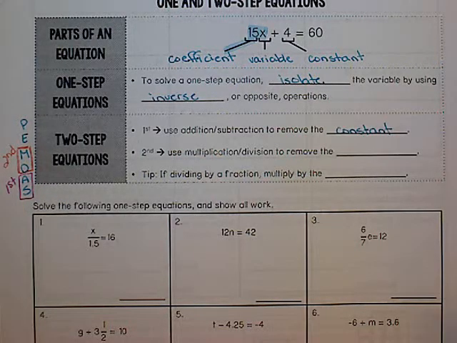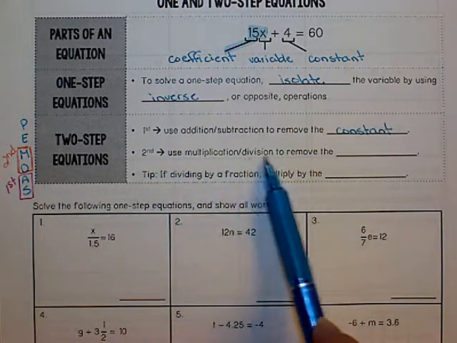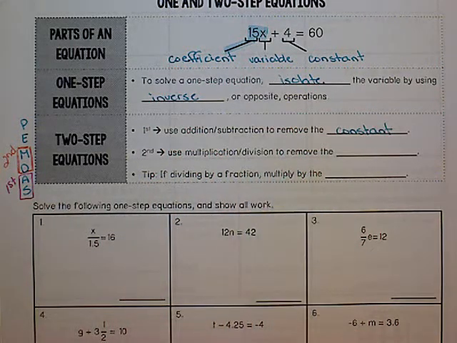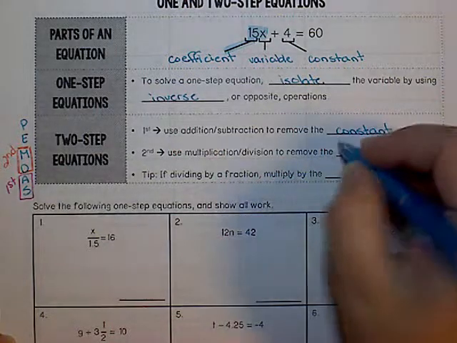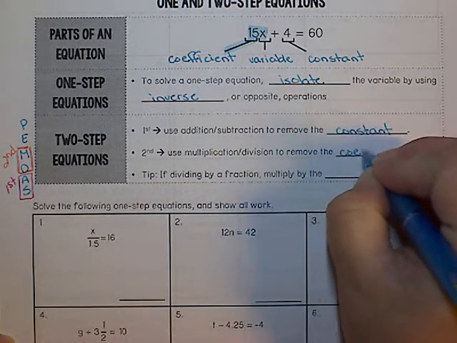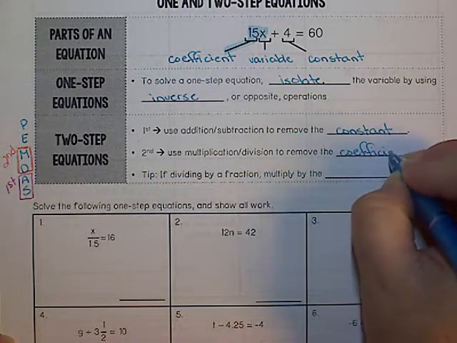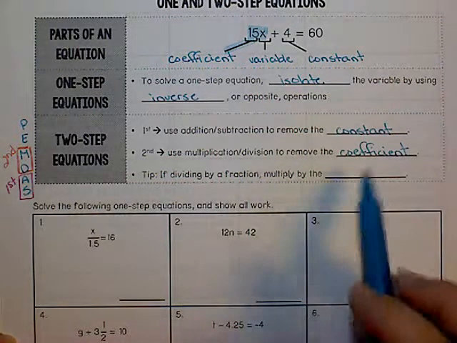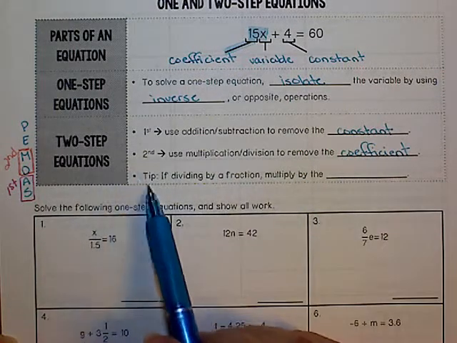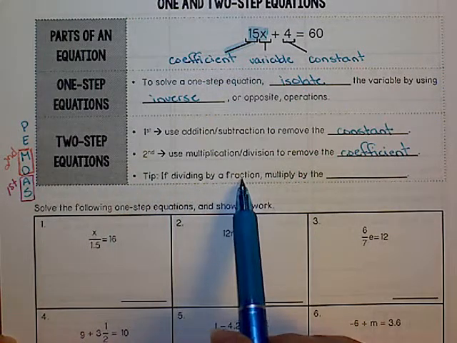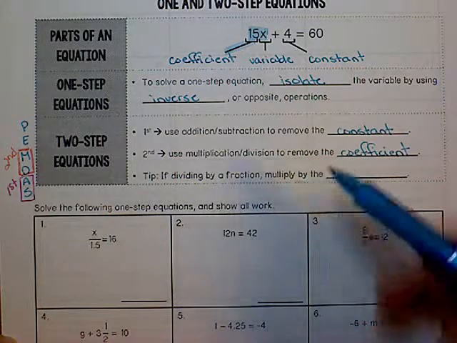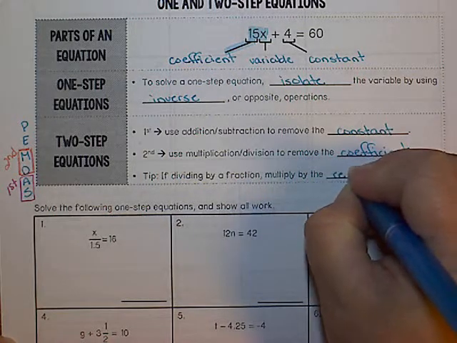Alright, so let's go back to filling in notes. The second, use multiplication and division to remove the coefficient. I need to isolate the variable, and so I cannot have a coefficient in the problem when the variable gets isolated. So tip, if dividing by a fraction, multiply the reciprocal. And you've seen that before.